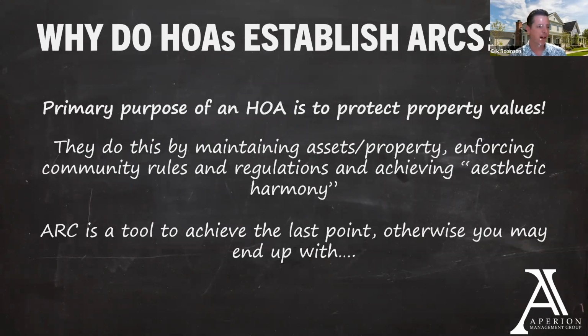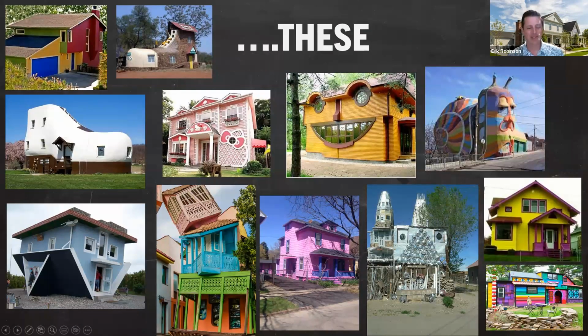In the absence of an Architecture Review Committee, or an HOA in general, you may go through a neighborhood and you could see things like this. Obviously, these are some extreme examples, but we hired a new assistant community manager fairly recently, and she made a comment as she was going through a lot of our clients' communities.